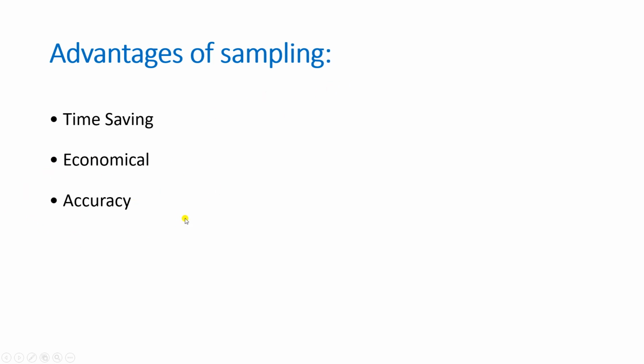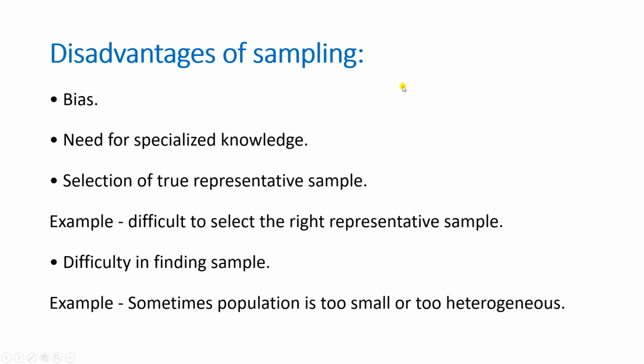And accuracy. With a smaller sample, of course there is less chance of making mistakes, and we can conduct the measurements more accurately with more precision. So accuracy is a positive point in case of sampling. What are the disadvantages of sampling? There can be bias.